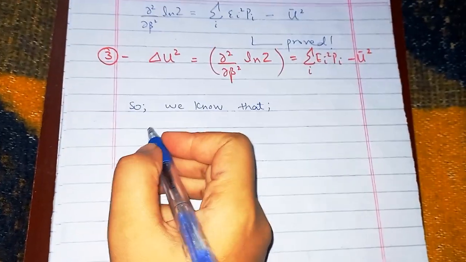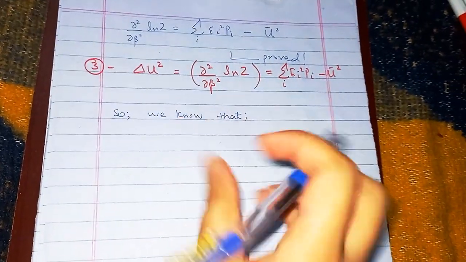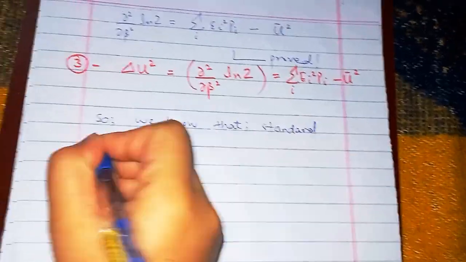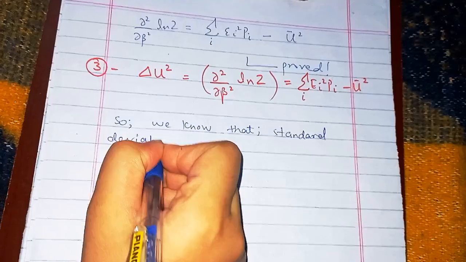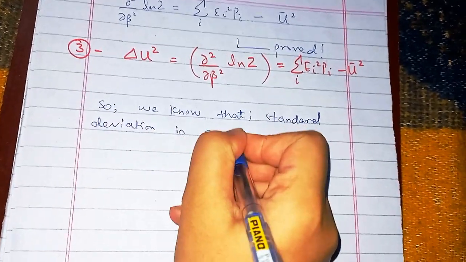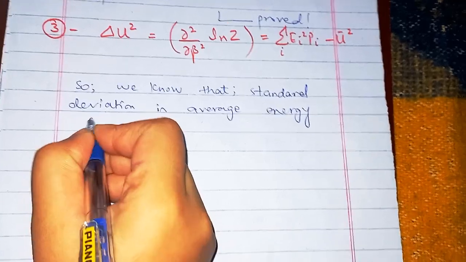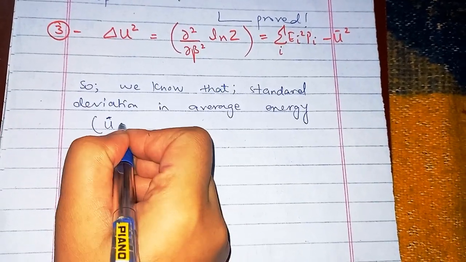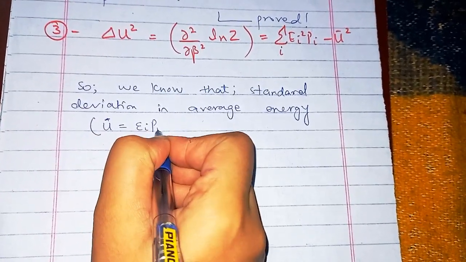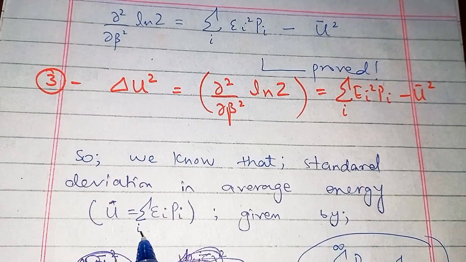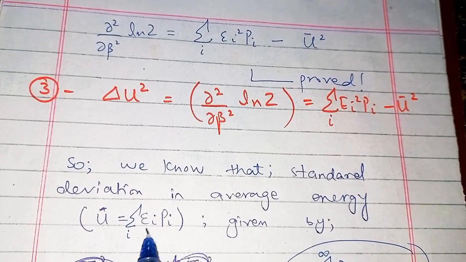The general formula for standard deviation in average energy: we know that average energy is equal to ei pi, and there is a summation sign here as well. U bar is equal to summation i ei pi.